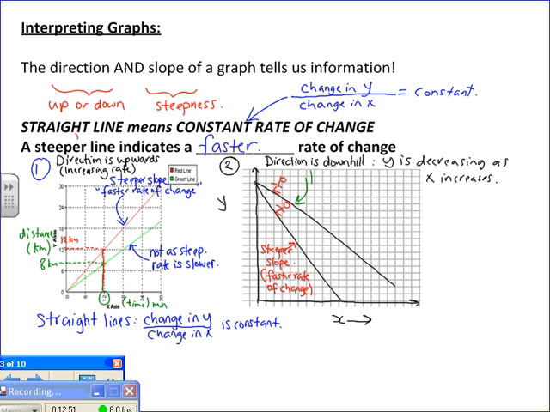This is less steep. So the slope is less steep, which means it's a slower rate of change. In other words, y is changing at a slower rate with x compared to the line below it. So we can interpret a lot of things just from looking at the direction of a graph as well as the steepness of a graph.